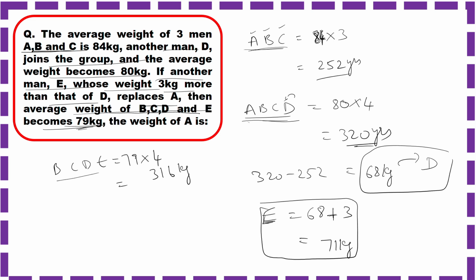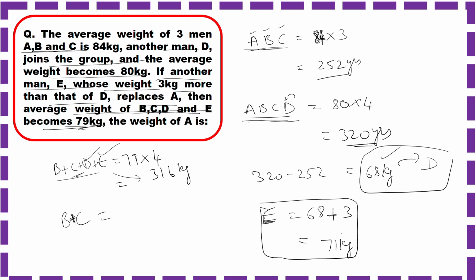Now can we calculate the combined weight of B and C from this? How can we calculate? See here, B, C, D, E. The combined weight of these 4 people is 316. We know the individual values. D's weight is 68.